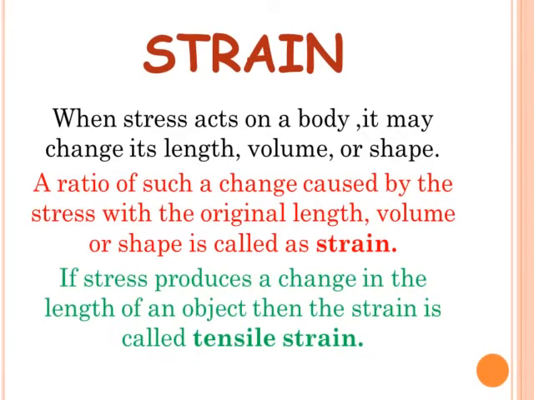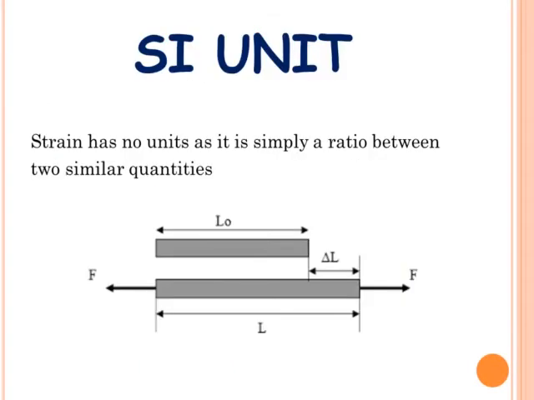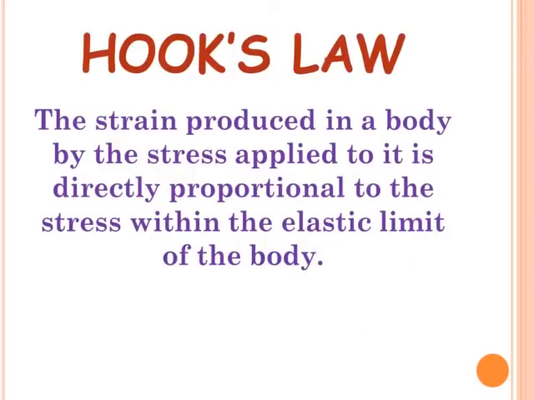The strain which changes the length of an object is called tensile strain. Strain has no unit because it is simply a ratio between two similar quantities. So the unit of stress is Newton per meter square, and there is no unit of strain because it is simply a ratio.